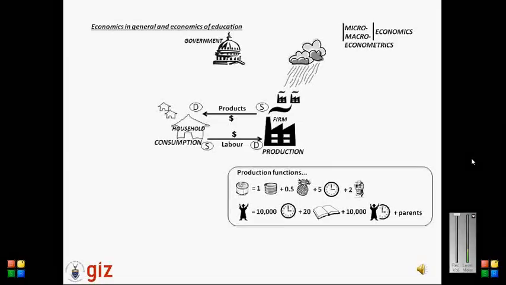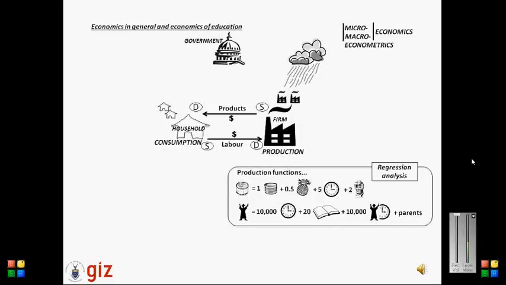Note this last part, which is very important in the education production function. In the economics of education, there's a clear realization that education happens not only in the school, but also in the home. And the better the support from the home, the easier it is to do well in school. Of course, these numbers don't really balance. To balance the production function, one generally uses a statistical technique called regression analysis.